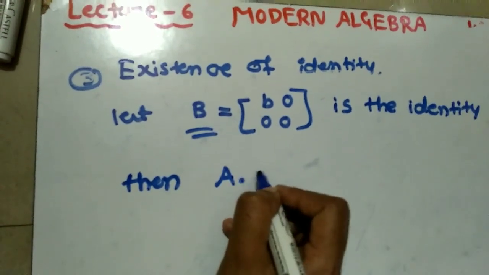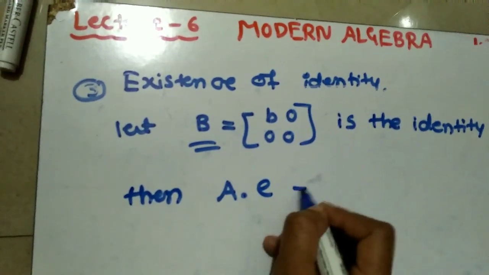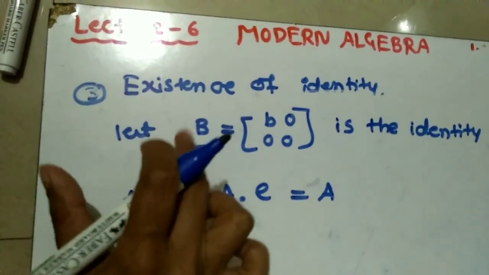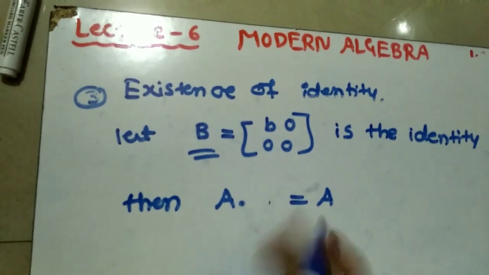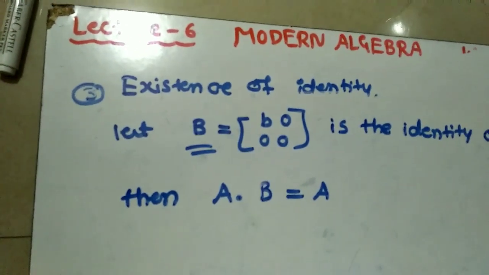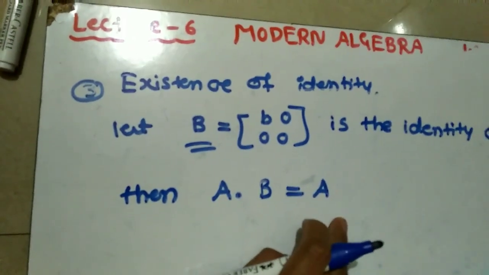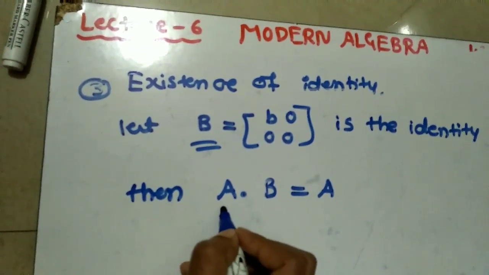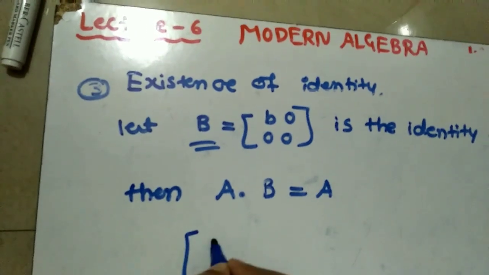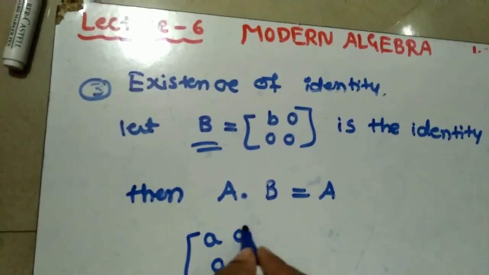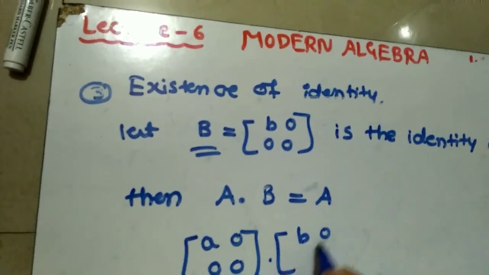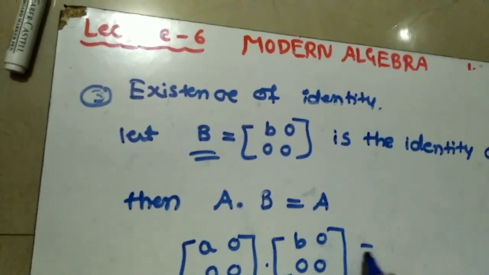Okay, so if I consider this B as an identity, then what is our condition? A dot identity gives me A, right? So here what is my identity? I am considering this one. It means A dot B gives me A. So what is A? This A is A 0 0 0, and what is my matrix B, which is nothing but B 0 0 0, and what is A?